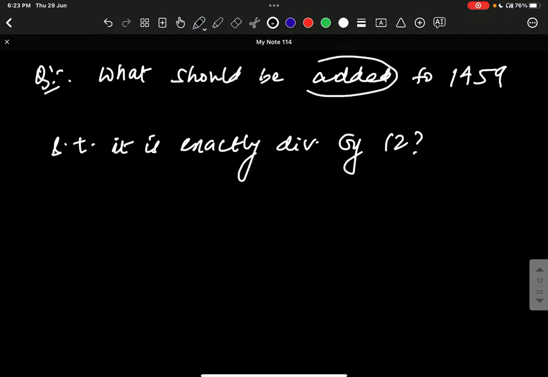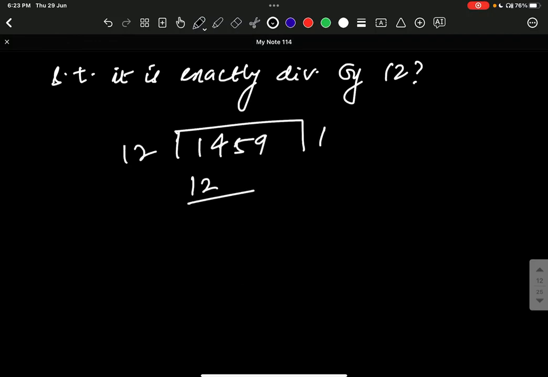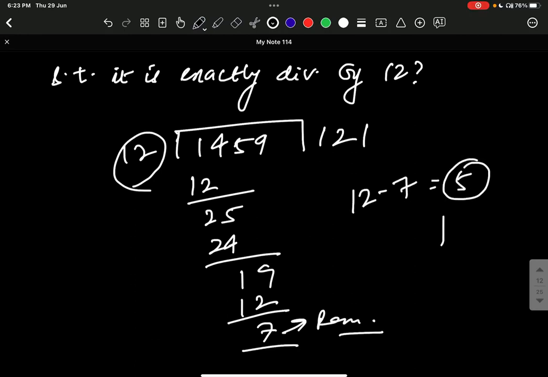Here it is being asked कि क्या आपने ऐड करना है. डिवाइड करो, किसको? 1459 को पहले 12 से डिवाइड करो. 12 ones are 12, 25, 2 twelves are 24, then 1, 12, 7 is the remainder. Now the number that should be added is 12 minus 7, that is 5, is the right answer. Okay, so these things you should be knowing.